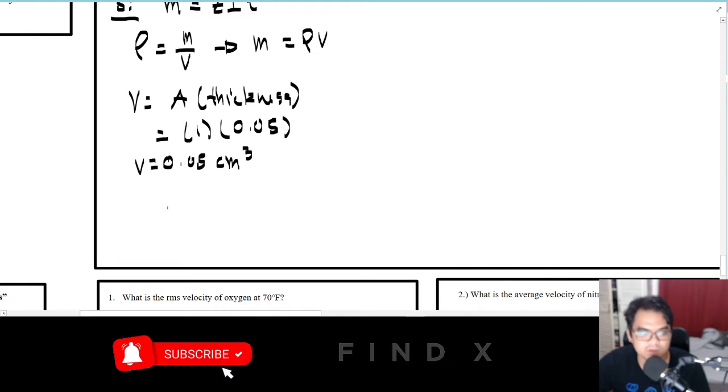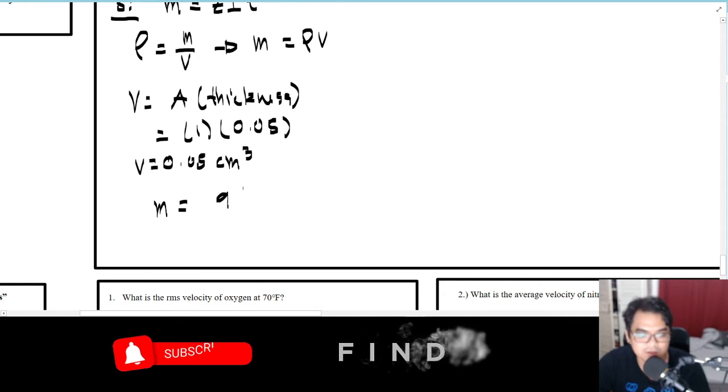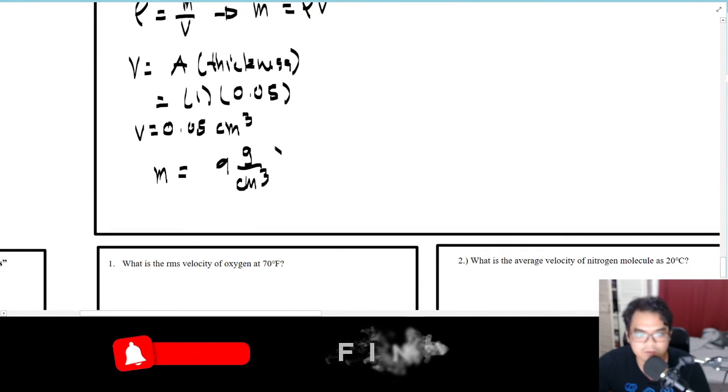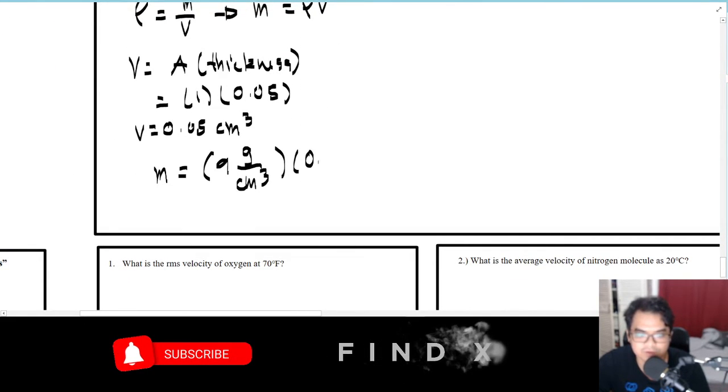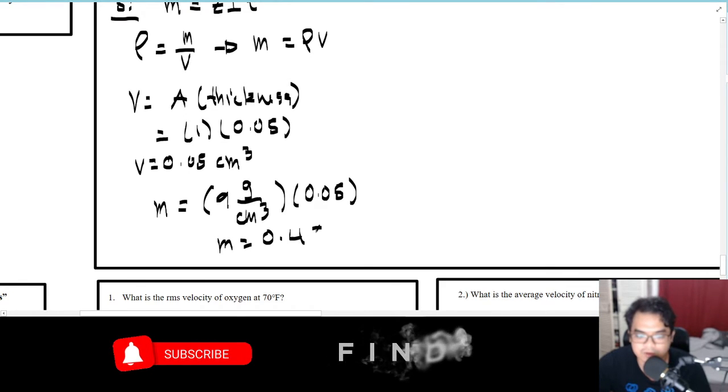So we already have V, therefore we can find M. M is rho, that's 9 grams per cubic centimeter. Let's double check the given. Yes, it is 9. And then V is 0.05. Therefore, we can say that M is just equal to 0.45 grams.